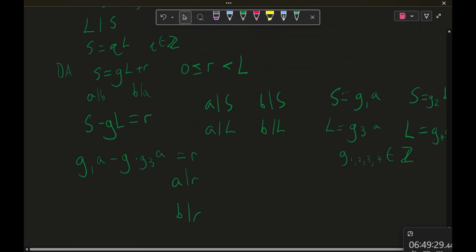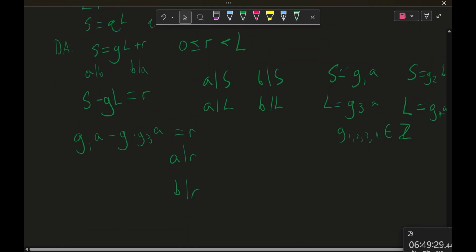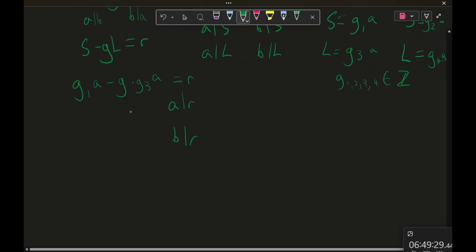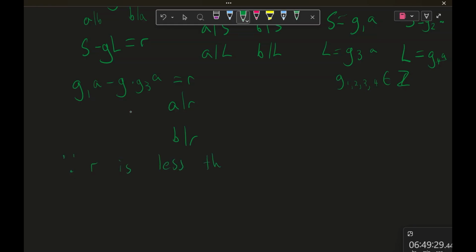Okay, so what does this mean? Because R must be less than L, R is less than the least common multiple, we shouldn't be able to have anything that divides smaller than the least common multiple, or else it would not be the least common multiple.